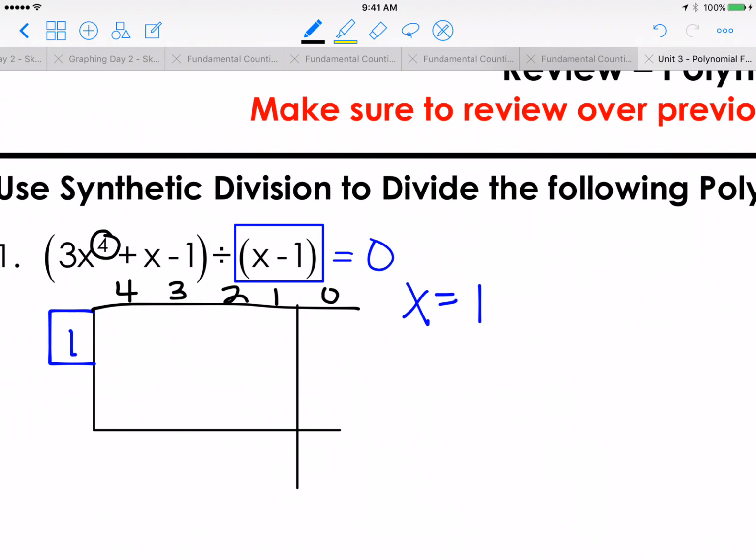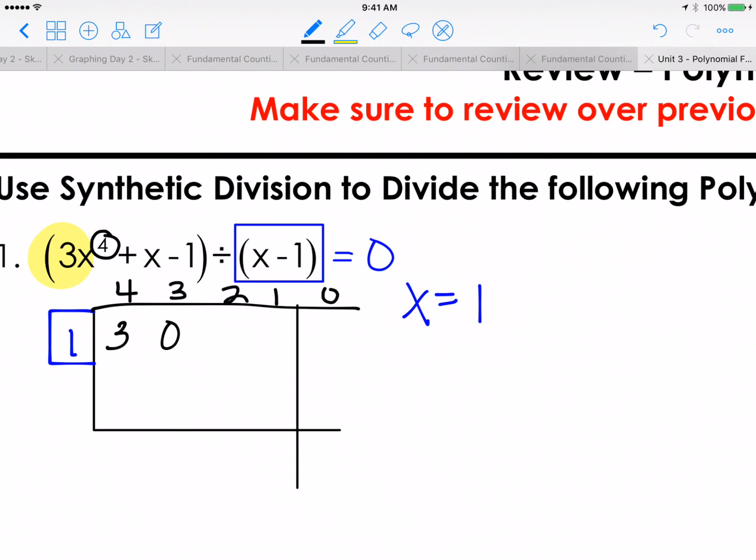Now remember, this is where we go and get our coefficients. So what is the coefficient of your fourth degree? Well, that's 3. So under the 4, we put a 3. Then we try to find where's the exponent of x cubed. Well, it's not there, so you have to have a placeholder of 0. What about x squared?